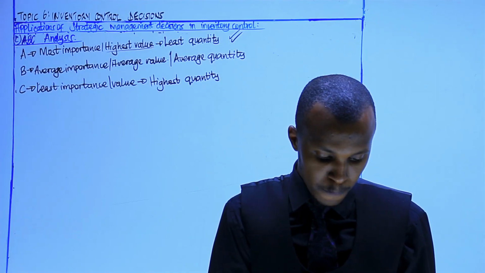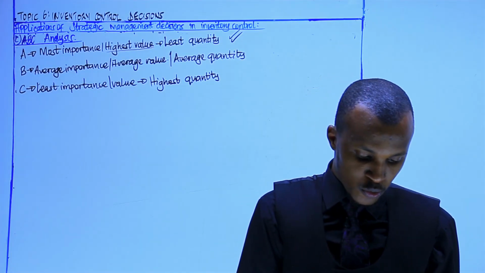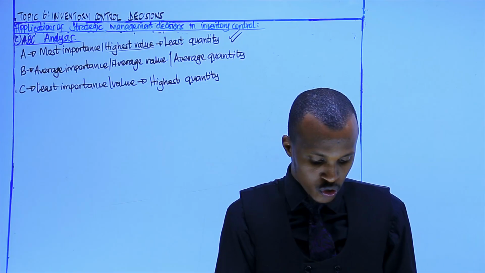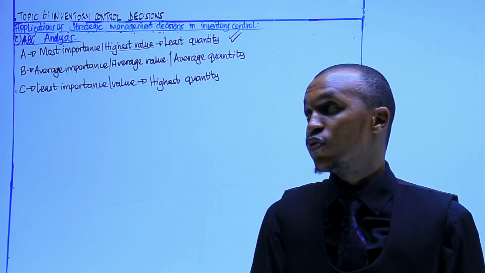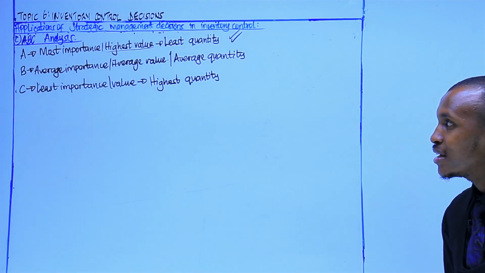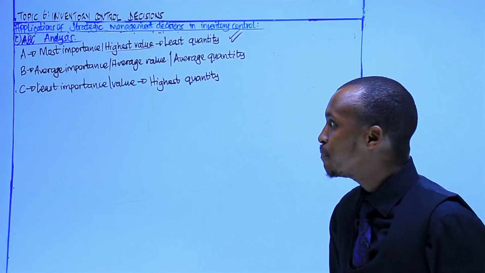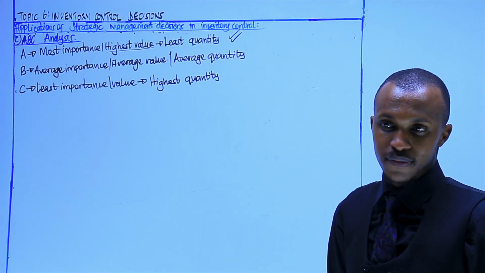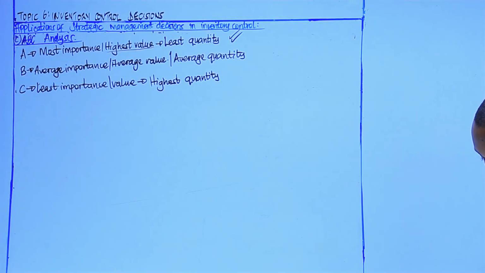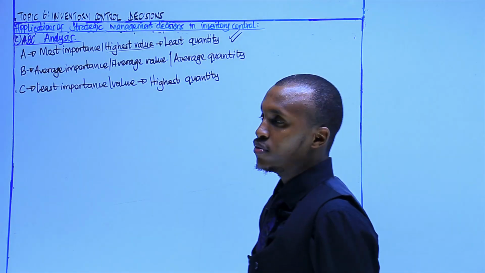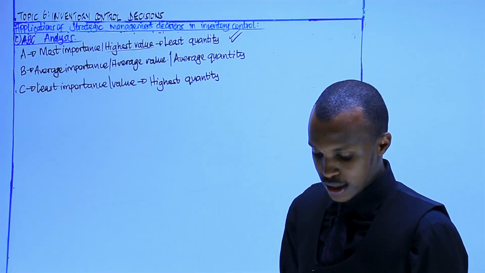The next one is risk. There is high risk when you use the ABC system. What do I mean? Remember, A has the highest value, so it's the one with the highest risk.